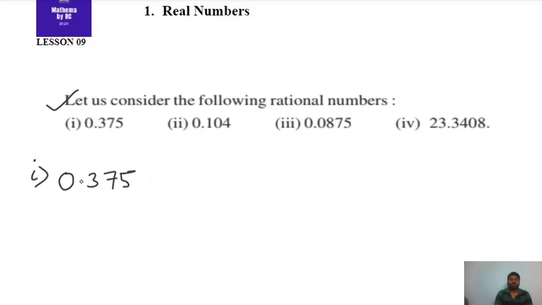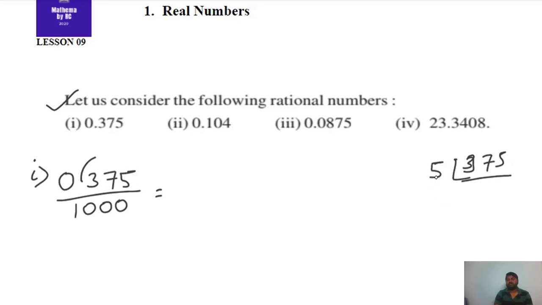When we omit the decimal, we get 1000 in the denominator. That means here we get 375. When we factorize 375, it is divisible by 5. 5 7s are 35, 5 5s are 25, and again it is divisible by 5, 5 1s are 5, therefore 15, 5, and this is 3.